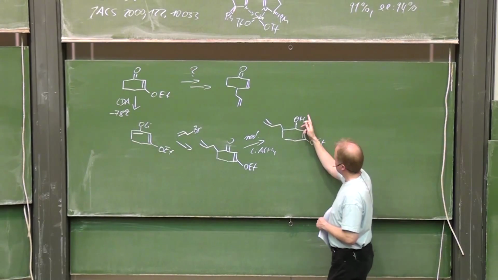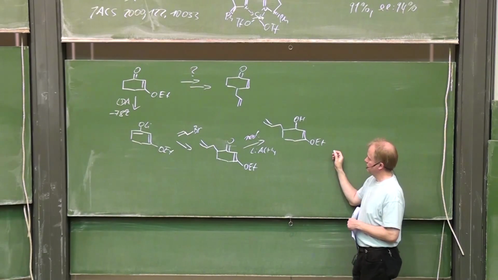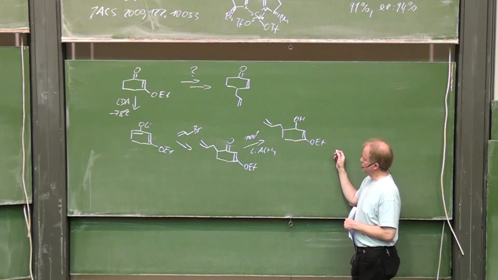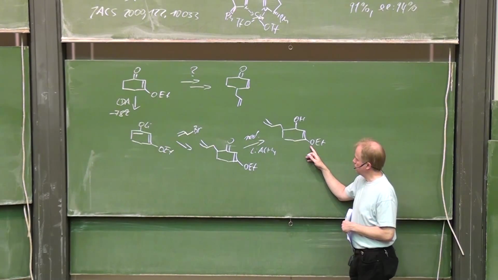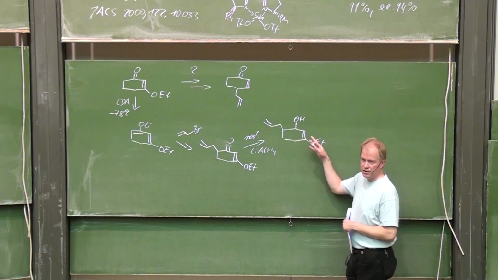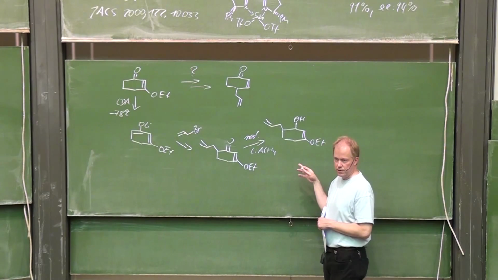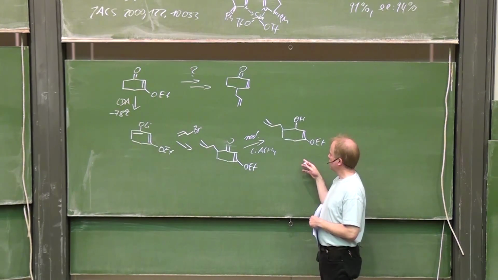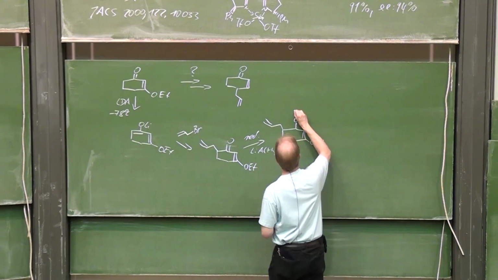So, and this partial structure, what is that? Well, this is an enol ether of a beta-hydroxy carbonyl, a beta-hydroxy ketone, so an aldol system. What we need is an aldol condensation then, here simply by hydrolysis under acidic reaction conditions.